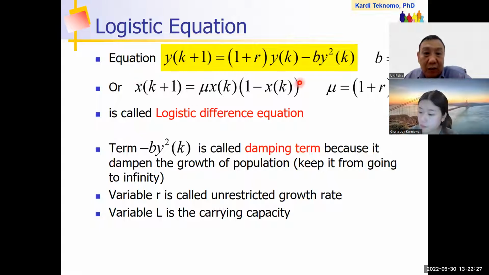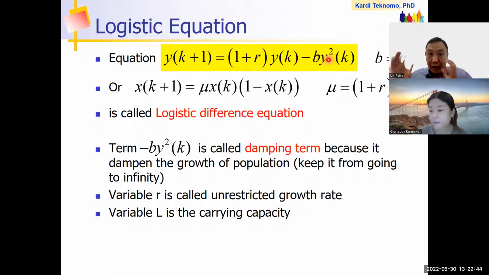So this is called the logistic difference equation, which is nonlinear, right? Why nonlinear? Here, the square, so it's quadratic. The B here is called the damping term. It will dampen the growth of the population, keeping it from going to infinity.